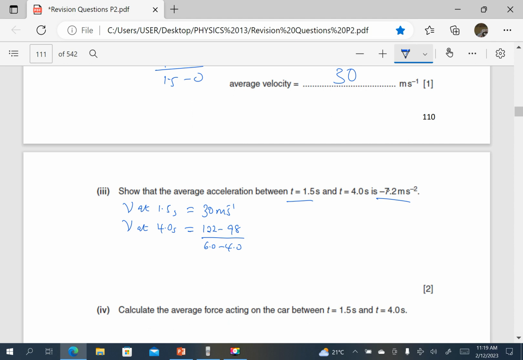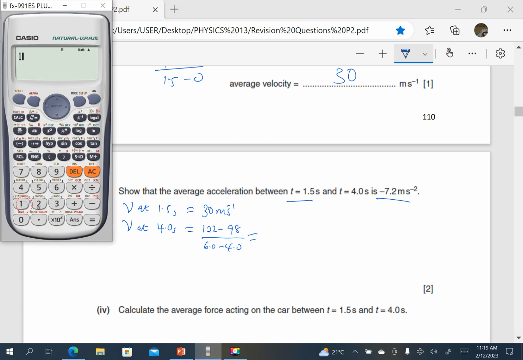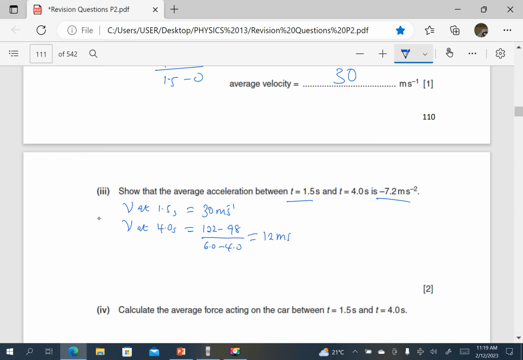The velocity is constant at 4 as it is at 6. So this is going to be equal to 122 minus 98 divided by 2, that is 12. So that is the velocity. So now we can find the acceleration. Acceleration is going to be change in velocity divided by change in time.